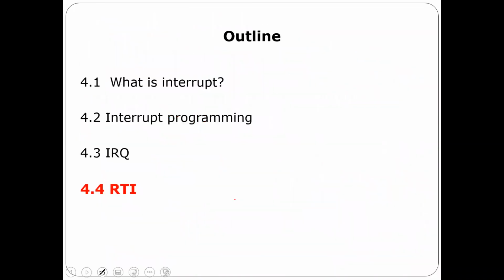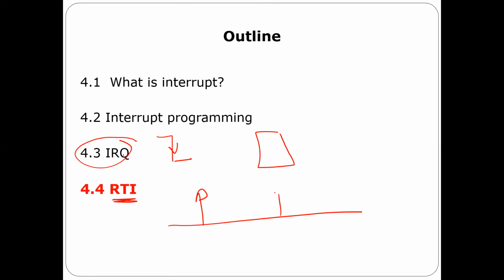Anyway, now I'm going to come to RTI. I told you guys, RTI is a timer. It's different from IRQ because IRQ has an external pin; every time there is a falling edge, you want to execute a subroutine. RTI is used if you want to make periodic interrupts every fixed time.